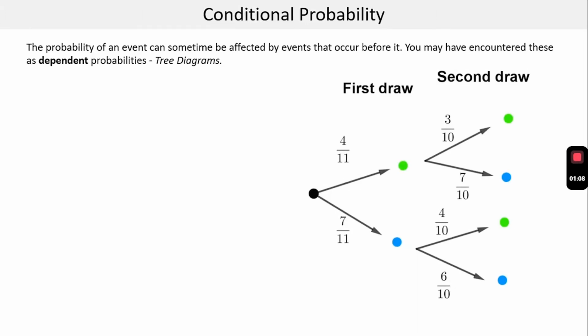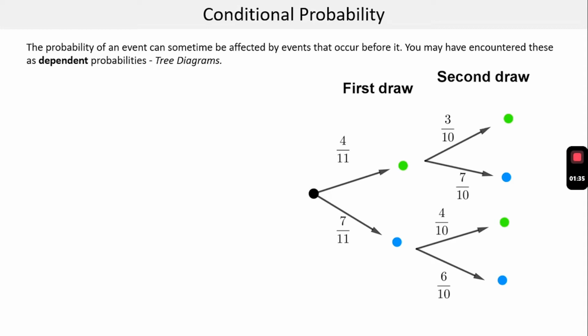So here's a typical question. There were 4 green buttons, 7 blue buttons. We pick one at random and we do not replace it. And then we try and pick a second one. The probability that I pick green on my second attempt is different depending on what happened the first time round.